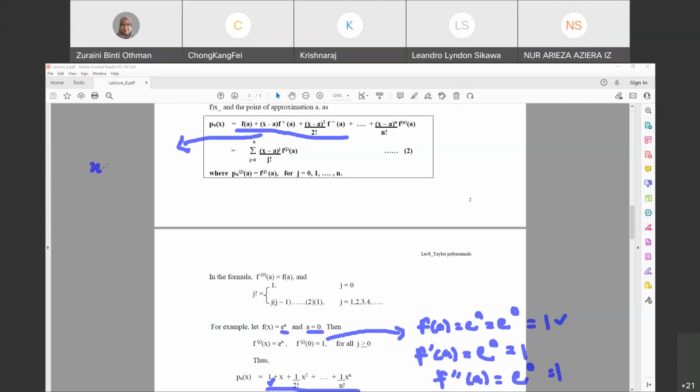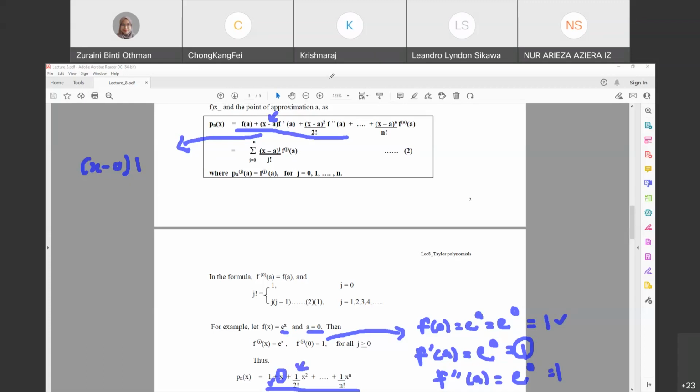X tolak A, A kita kosong, which is kosong, F prime A is also 1, which is X tolak kosong kali dengan 1 bahagi dengan, ini tak ada apa-apa kan kat bawah dia untuk yang ni? Okey, so sekarang dia ialah X tolak kosong kali dengan 1, dia akan dapat X. Okey, selesai. So tambah, okey yang ni sebelah ni pula.